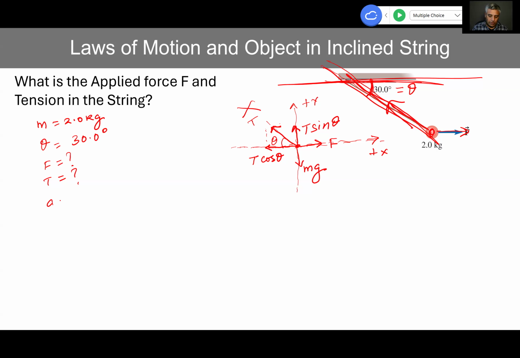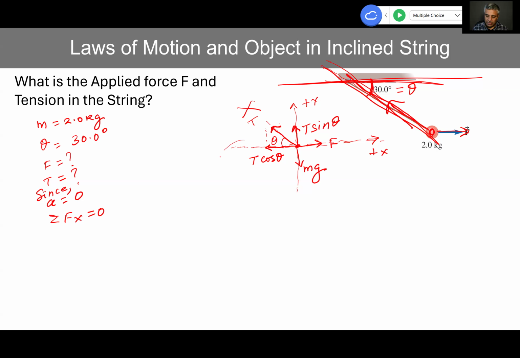Since acceleration is 0, see, this is being held in place, so this ball is not accelerating. So the sum of forces along the x direction must be 0. Mass times acceleration; when acceleration is 0, the right-hand side is 0. So let's write this equation. Sum of forces along the x direction.